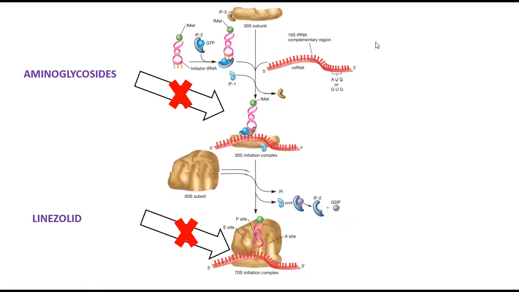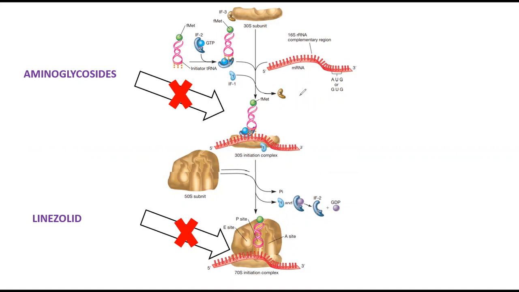For example, if we have a messenger RNA, it should be placed on the 30S ribosomal subunit, and a special initiation complex should be formed.